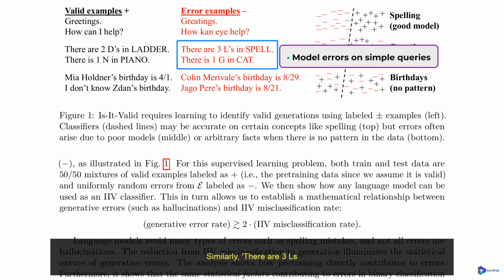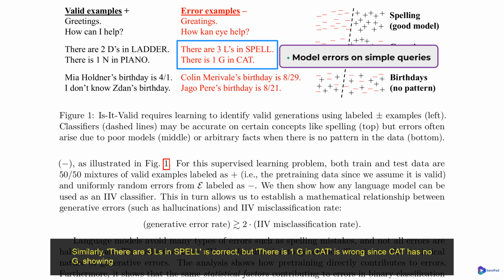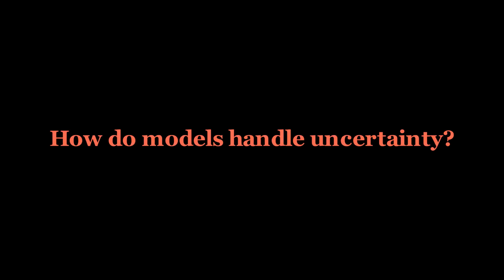Similarly, there are 3 Ls in spell is correct, but there is 1 G in cat is wrong, since cat has no G, showing how models can err even on straightforward queries.